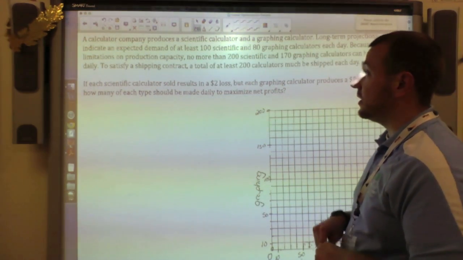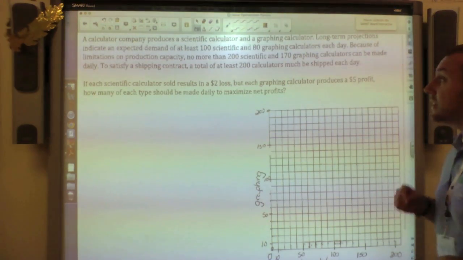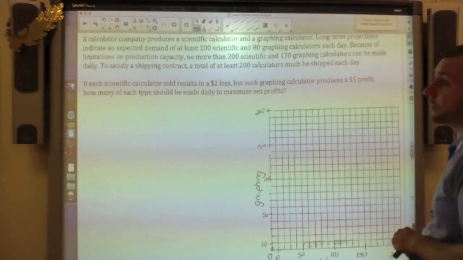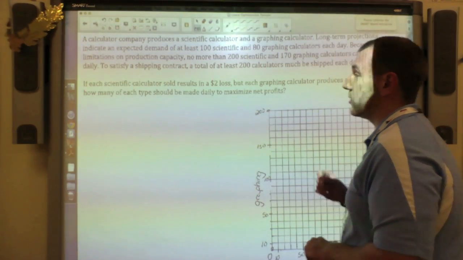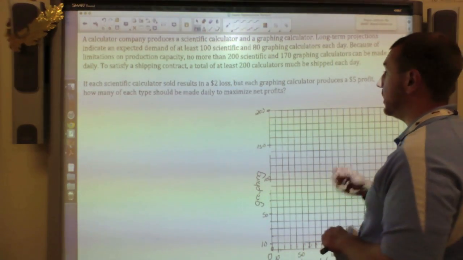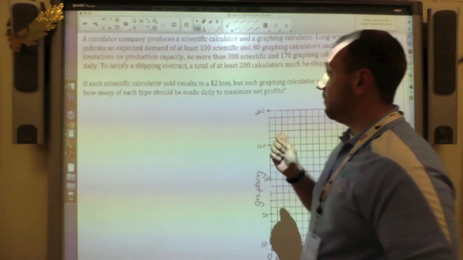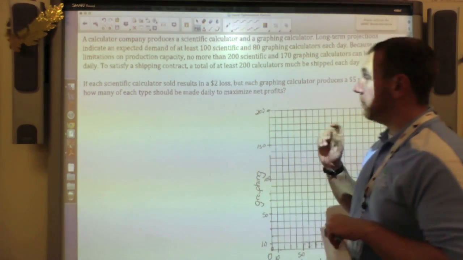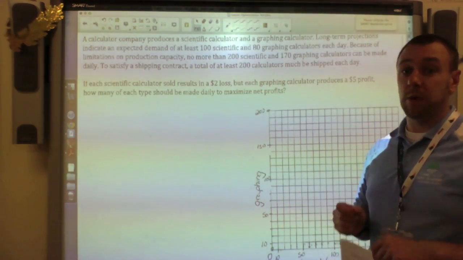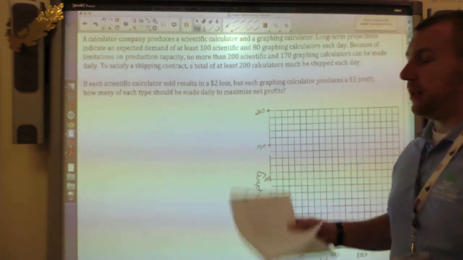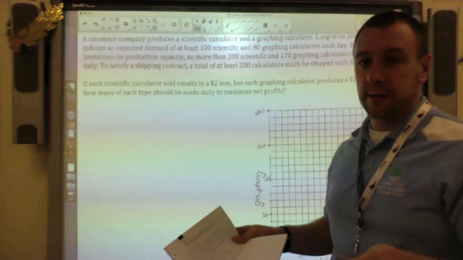To satisfy a shipping contract, a total of at least 200 calculators must be shipped each day. Each scientific calculator sold results in a $2 loss, but each graphing calculator produces a $5 profit. How many of each type should be made daily to maximize the net profits? Done. I just read it, just to understand.